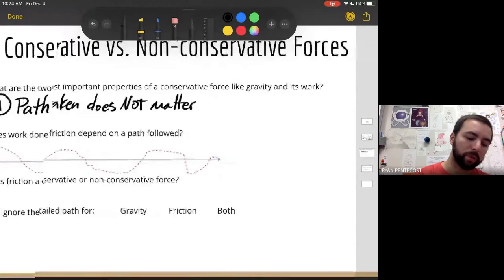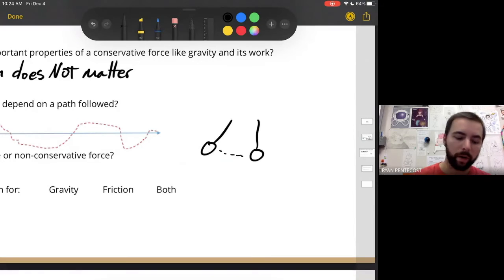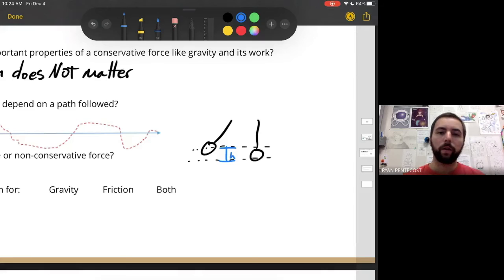So remember that pendulum. We traveled an arc, right? But when we were talking about the gravitational potential energy, all it really cared about was this change in height. Now, if you think about gravity on our planet, most of your potential energy problems will take place on planet Earth.